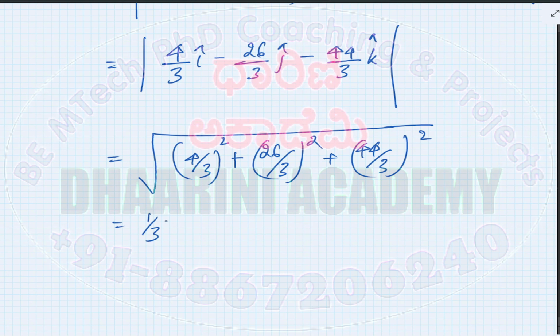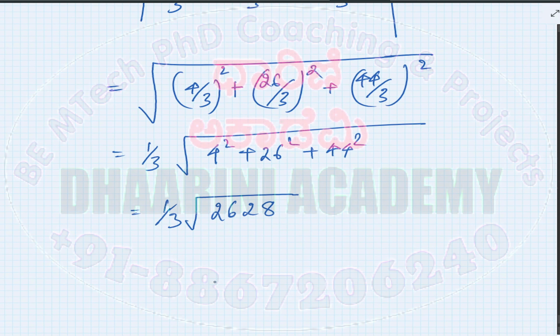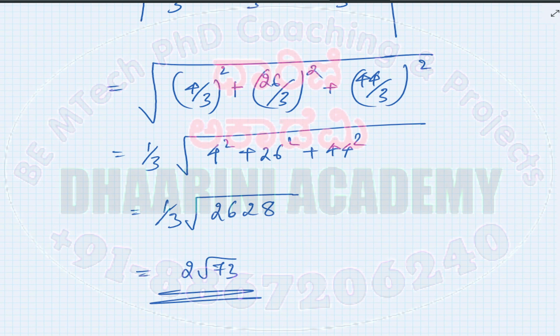I can take it out. 1 by 3 into root of 4 square plus 26 square plus 44 square. Okay, so let's calculate that. This is 1 by 3 into root of 2628. So the final answer that I'm getting here is 2 root 73 after simplification.